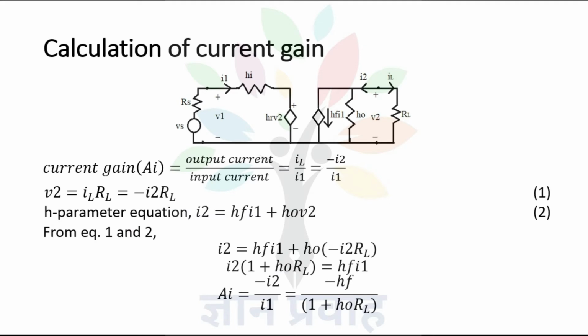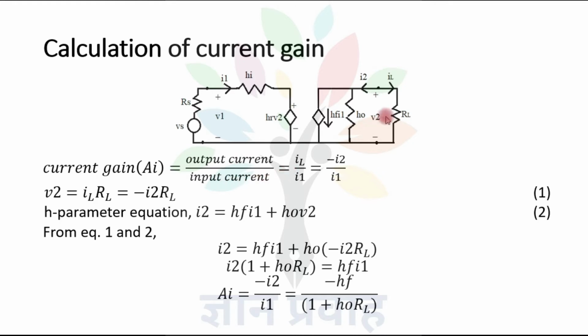Calculation of current gain. The first performance metric is current gain, and here we are calculating current gain for the bipolar junction transistor. This is the BJT hybrid equivalent model, already discussed in the last lecture. Current gain is the ratio of output current to input current.